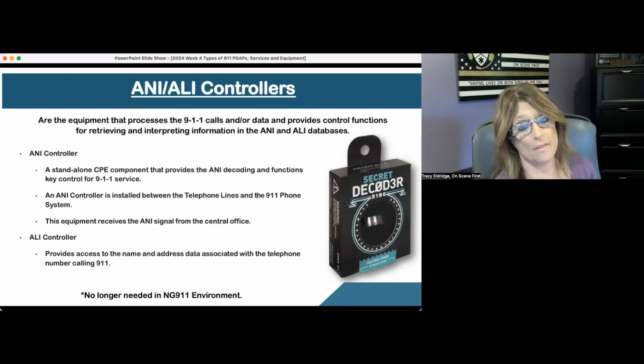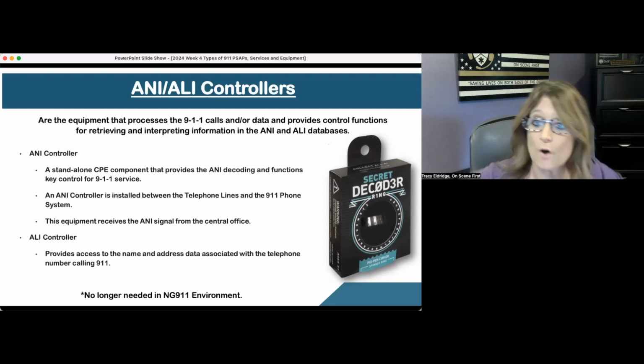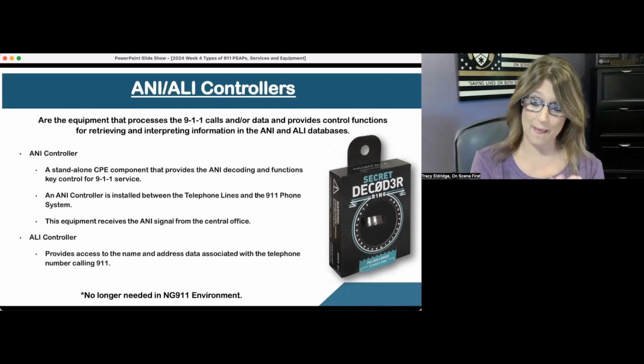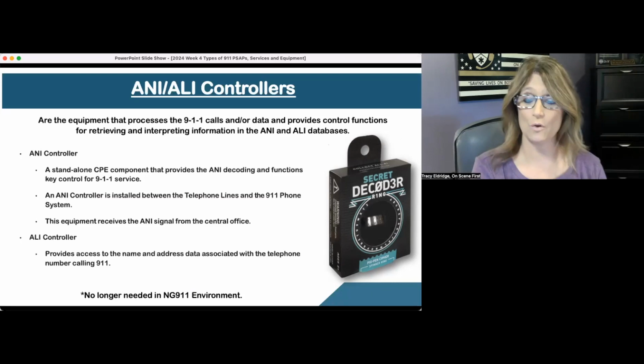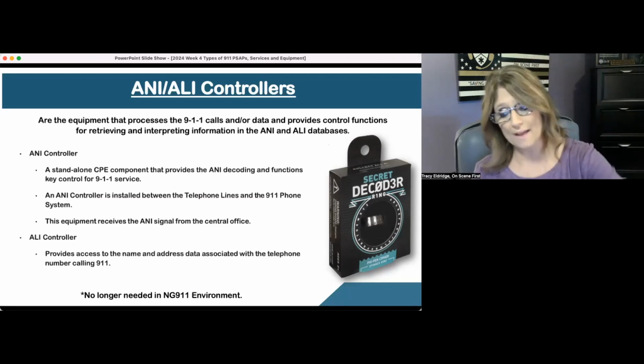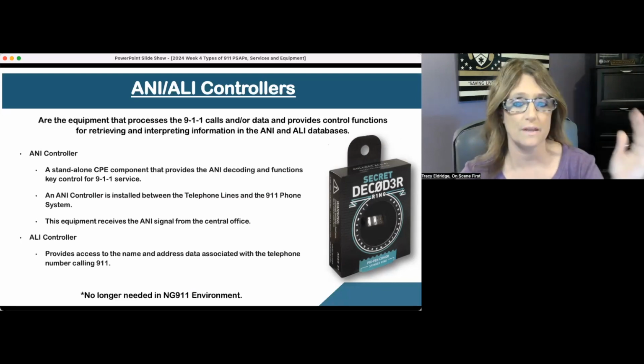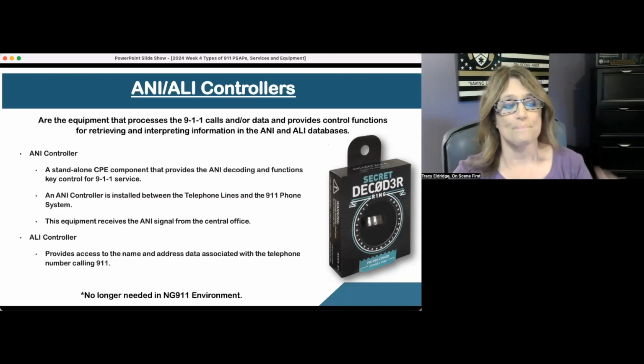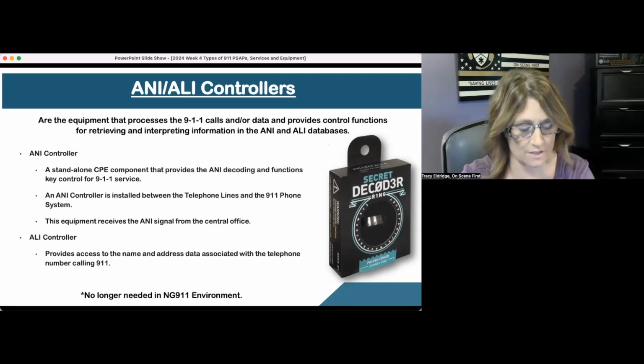So we talked about that when the phone number hits the phone system and it is wrapped in a data packet and it is sent out to the database to bring back the information that is associated with it. This is one of the things that we're using. And that's the Annie controller. I'm sorry, I said Allie controller.